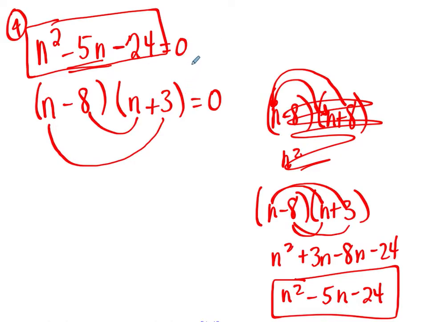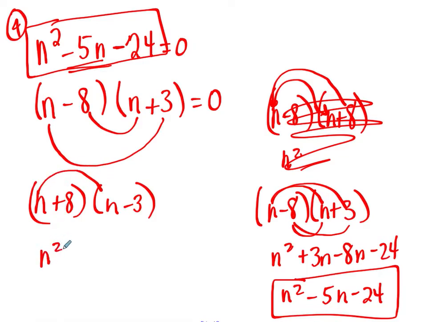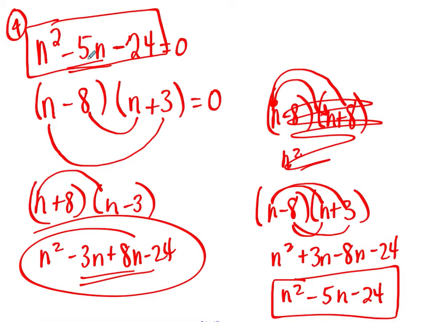I got so confused on this, I don't know, this one just really confused me for some reason. So, Zach, if you got this, that's exactly what I got. Well, if you check it, it goes n squared minus 3n plus 8n minus 24, which is not equivalent to this.